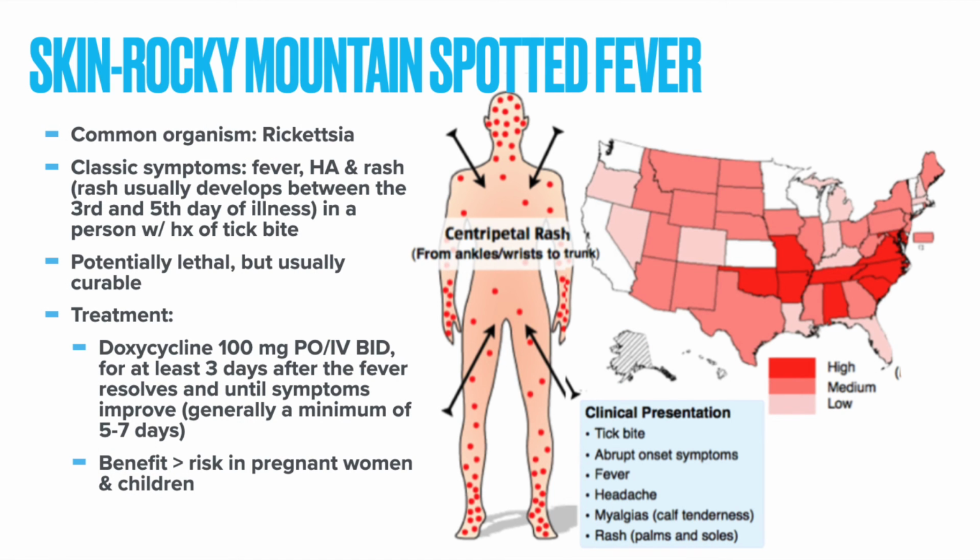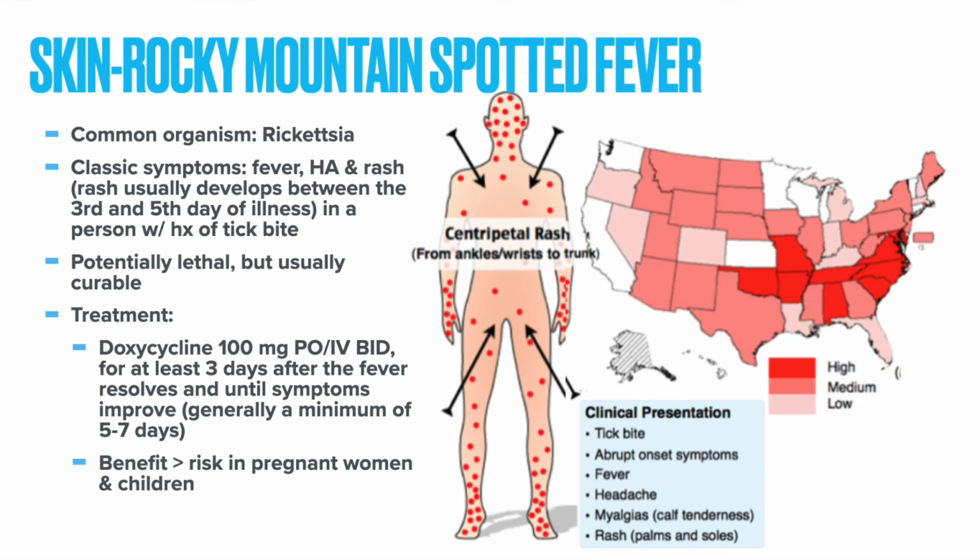Rocky Mountain Spotted Fever, or RMSF. I'm not sure which is more difficult to say, but it's caused by the bite of a tick infected with Rickettsia group bacteria. So symptoms are nonspecific. They include fever, headache, malaise, myalgias, nausea, and rash. And this rash develops 2 to 4 days after the fever begins.